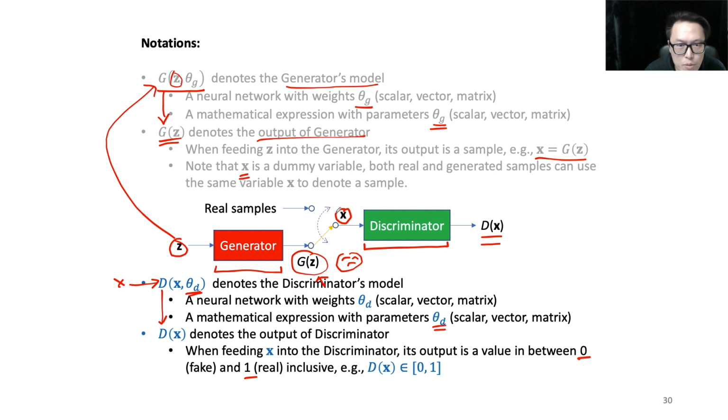This x could be from the real sample or from the generator. Our objective is to train the discriminator so that it can tell whether x is from the real sample or from the generator.